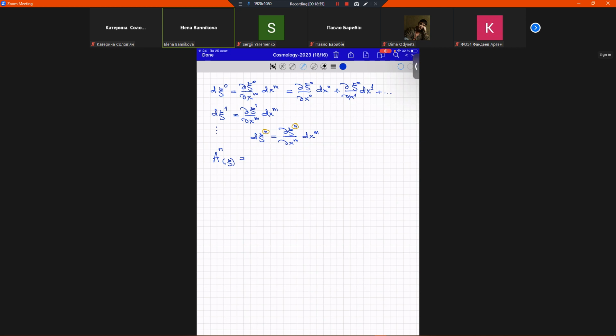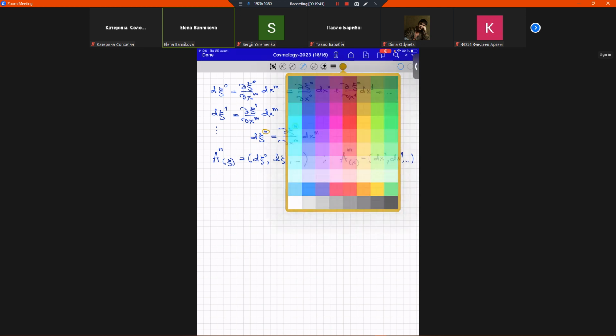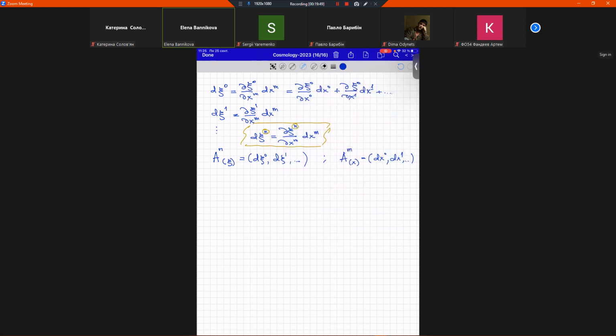It means the components are dxc0, dxc1, etc. I also will put a notation that A m is in the coordinate reference system x, this is x0, x1, etc., dx m, and here I will have A m in reference system x.